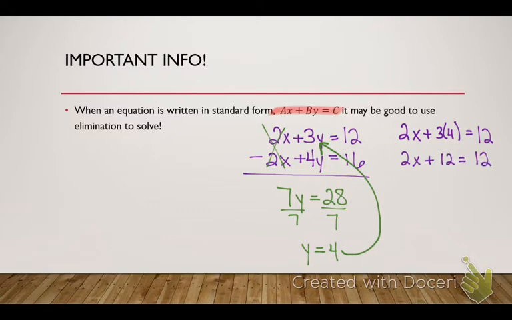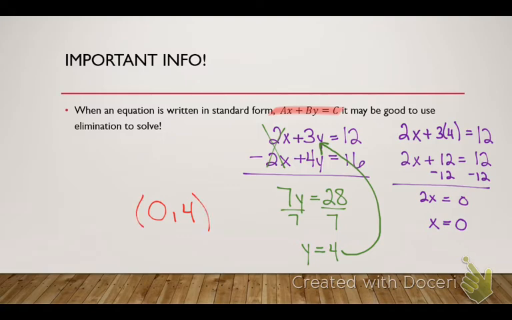What would you do to solve for x? Subtract 12 on both sides. Well, what's 12 minus 12 on the other side? 0. So when 2x equals 0, x is going to equal 0. Then I put it together in an ordered pair, and my solution is (0, 4). All right, and that's my solution.